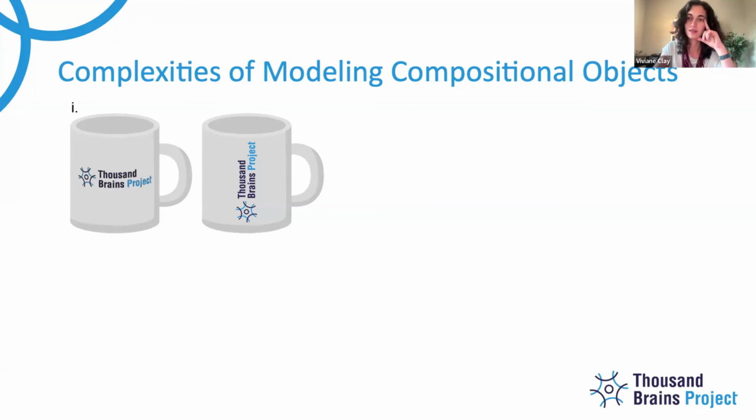And when I learn this cup with the logo on it, I don't have to relearn a model of the logo. I don't have to relearn a model of the cup. I can simply assign the existing model of the logo to a location of the existing model of a cup. Super efficient process. That's the promise of learning compositional objects.